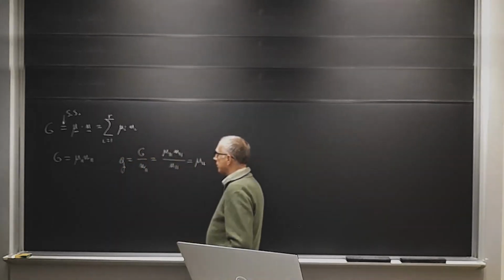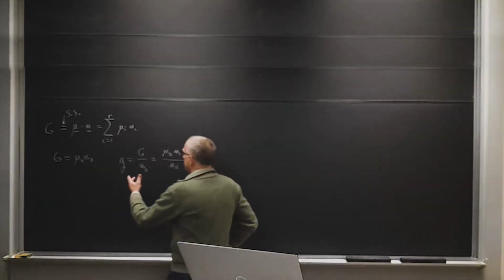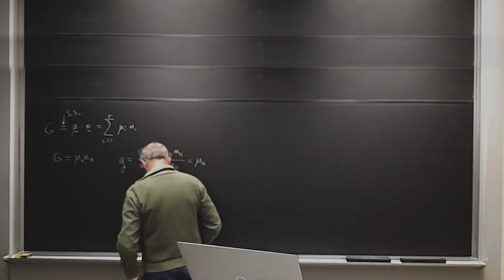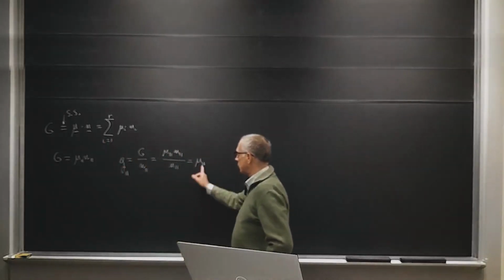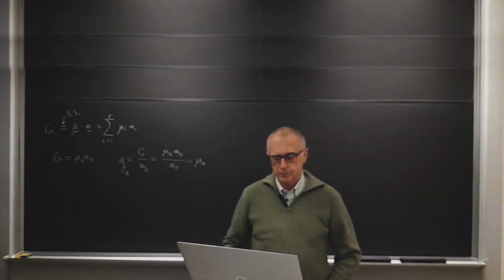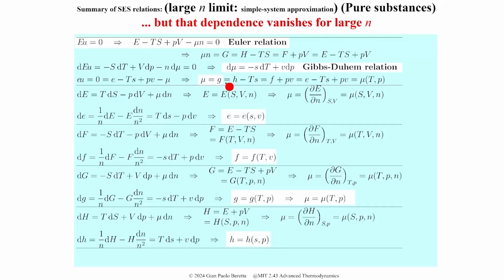So that proves that in that case the molar Gibbs free energy, so that's g 1 1, is equal to mu 1 1, only for a pure substance. Okay.